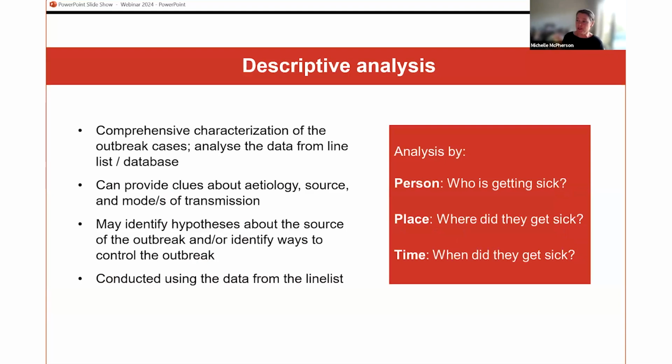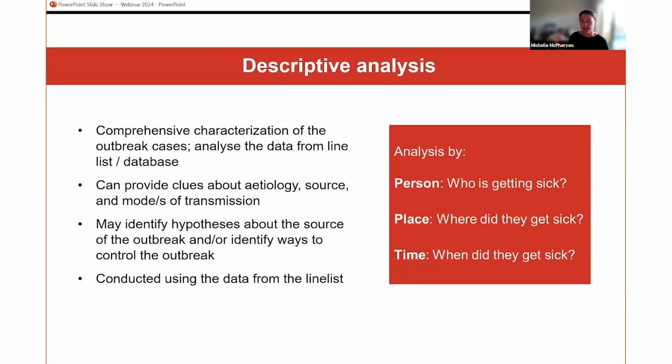Often by doing this descriptive analysis, we can get clues about what's causing the outbreak, what the source might be, potential modes of transmission, and at-risk population. We may be able to come up with hypotheses about the source of the outbreak, which then might help us control it by implementing control and prevention measures. And as I said before, we use our line list to do that analysis.